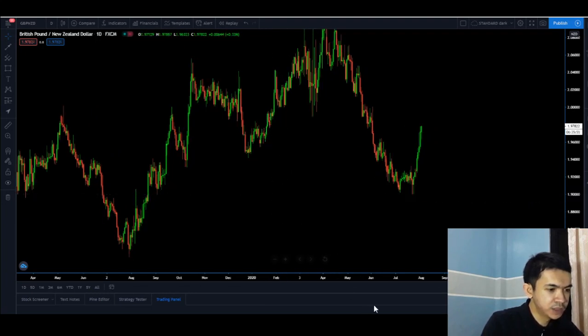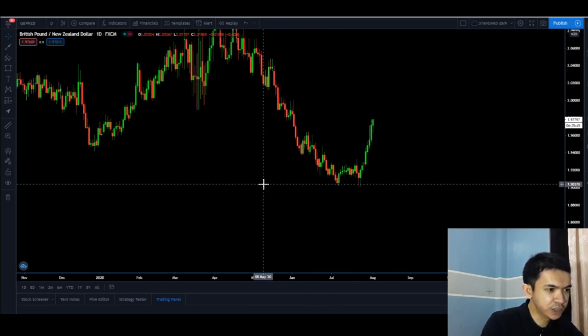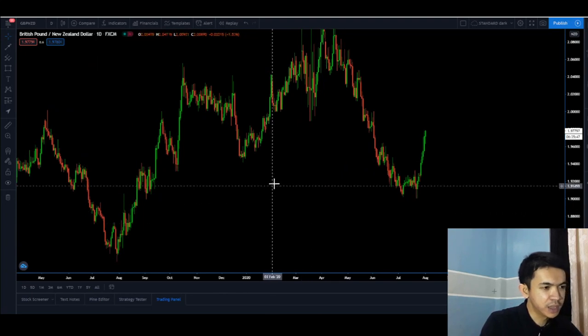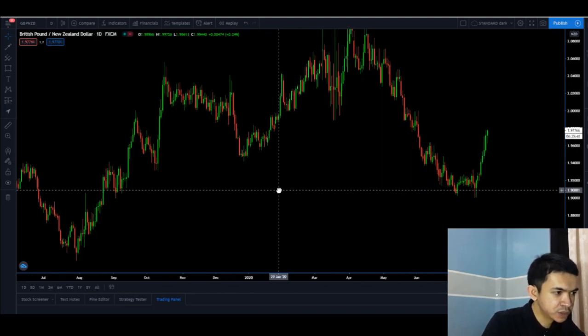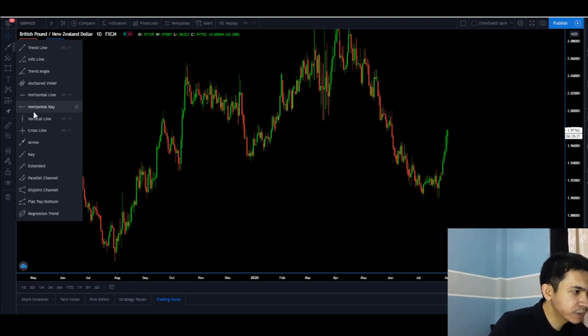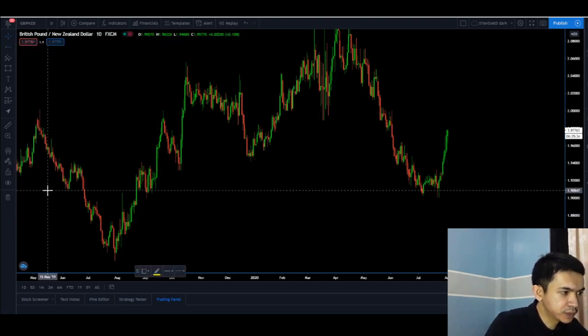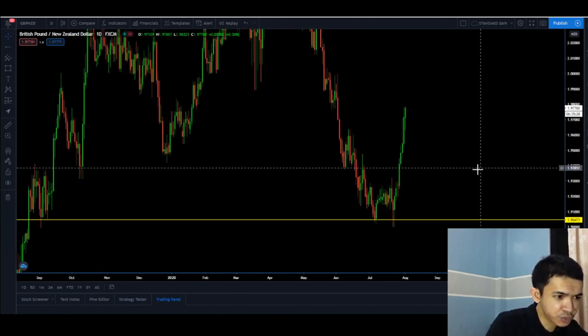Right now, if ever the market is here, utilizing our TFP system, let's first mark our key significant levels or zones. We have here our horizontal key significant support.